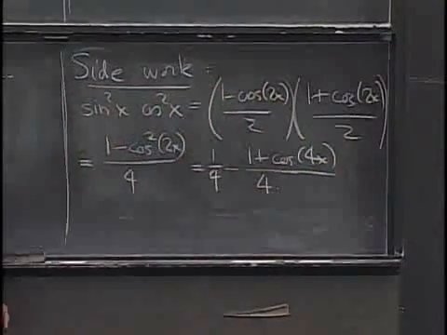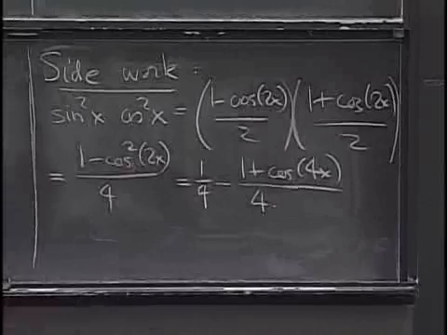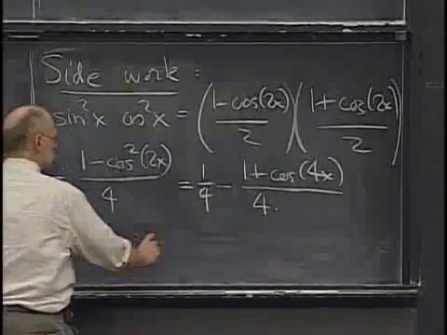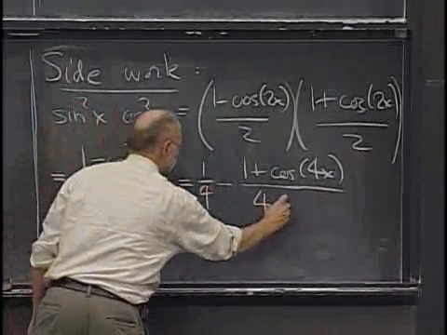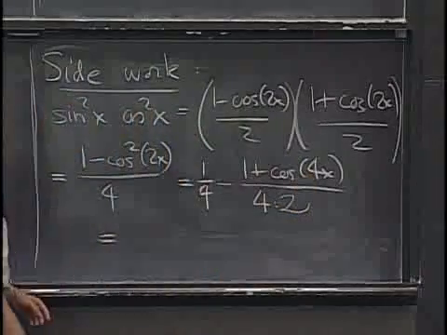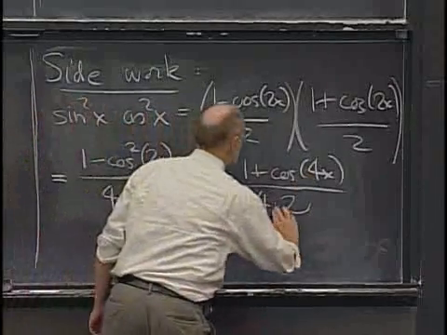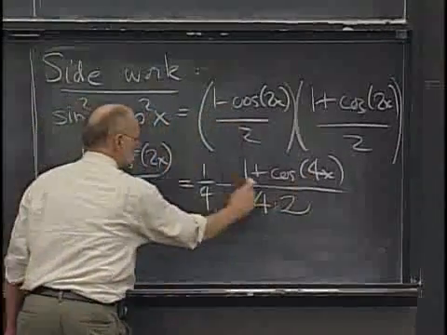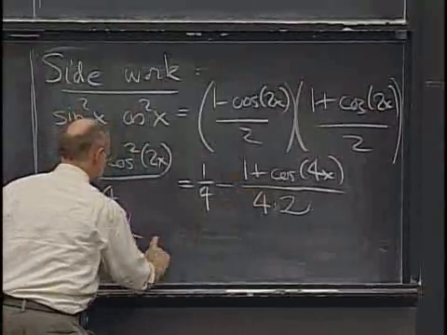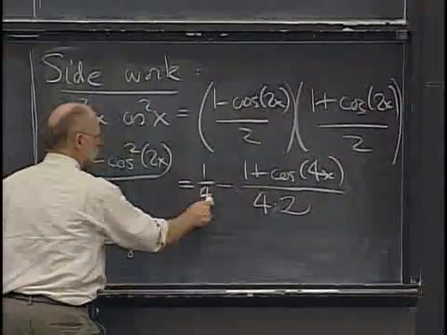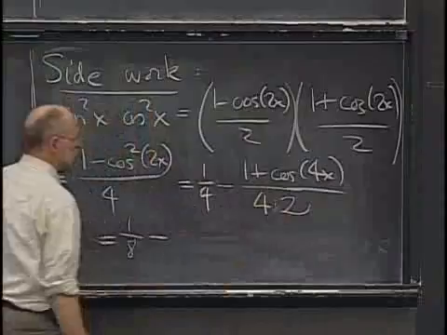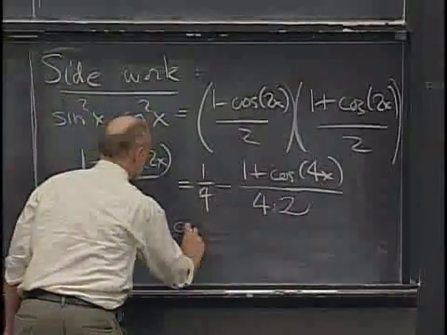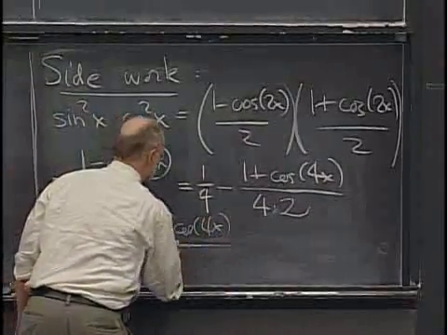So it comes out like that. And I guess I could simplify that a little bit more. This is a quarter, but then there's a 2. Here, it's half that. So then I can simplify a little more. It's a quarter minus an eighth, which is an eighth. And then I have an eighth of cosine of 4x.